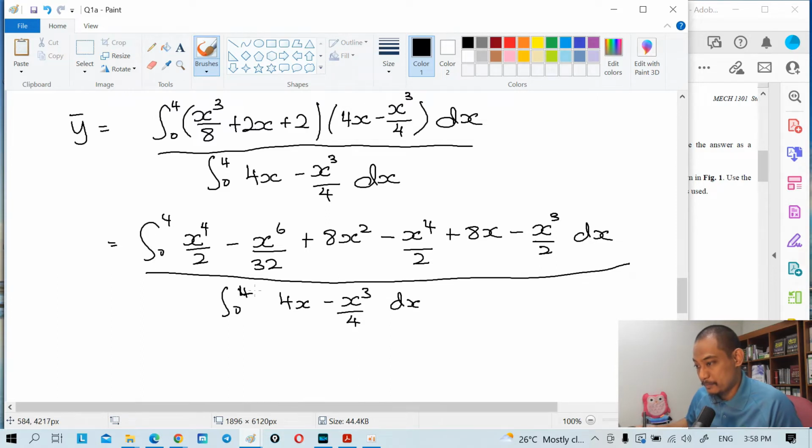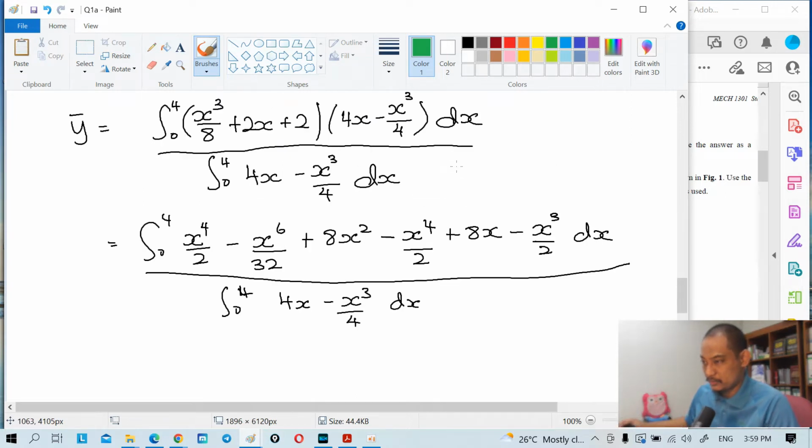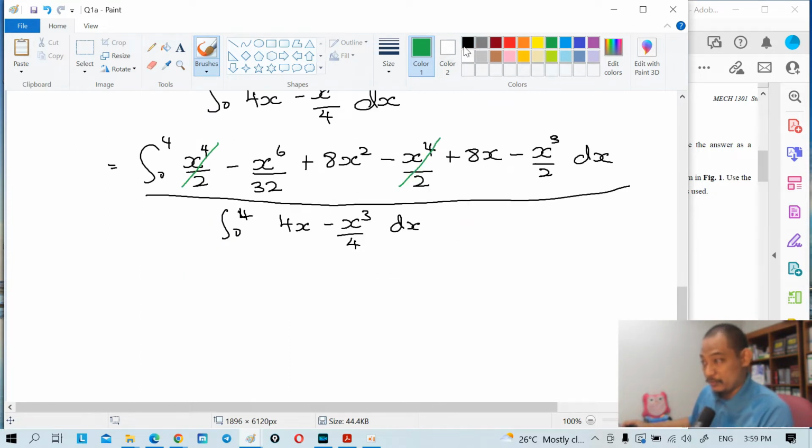Now looking at this, is there anything that can be cancelled? Double check the x to the power 4. Yes, x to the power 4 over 2 and minus x to the power 4 over 2 can be cancelled. Then we have x to the power 6, x squared, x, x cubed. Alright, if we integrate that, we are running short of time.